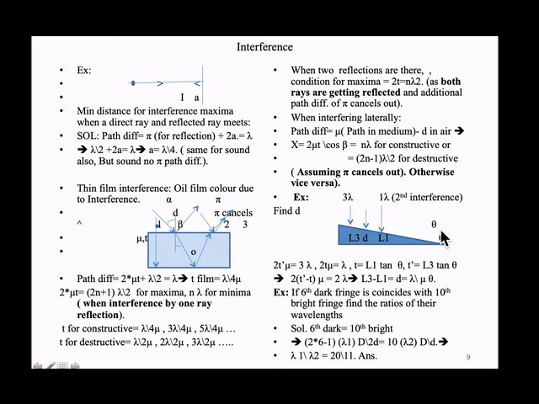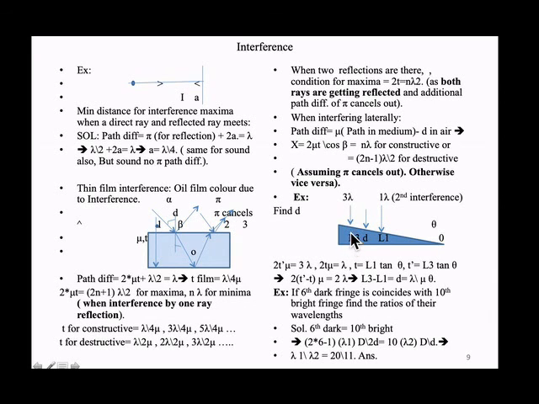Okay, now let us understand one more problem. Suppose it is given interference is seen at 3λ at this point, and after the second interference is seen at this point. This is first λ, then we have 3λ at this point. This is y1, y2, y3. So y1 is given, y3 is given. He is asking what is the distance D between these two. Let us say here the thickness is T dash.